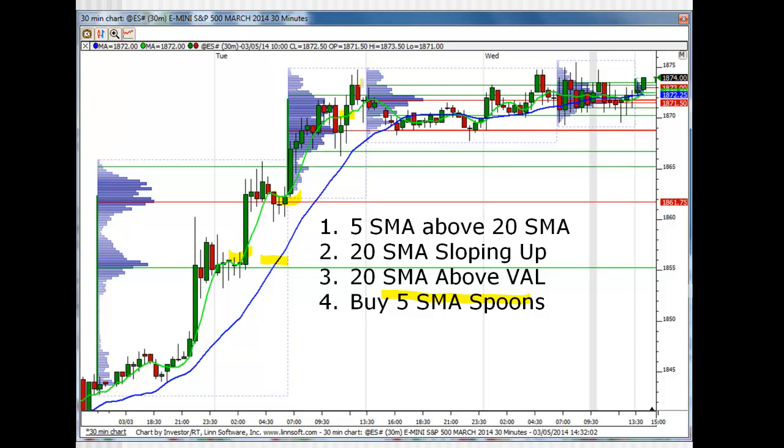But you could begin to see that, in fact, several things were happening here. One, the 5 simple average has begun to move closer and closer to the 20, and the return pattern from the 5 has changed. For the first time now, we have 2 subsequent moves towards the 20 simple moving average.